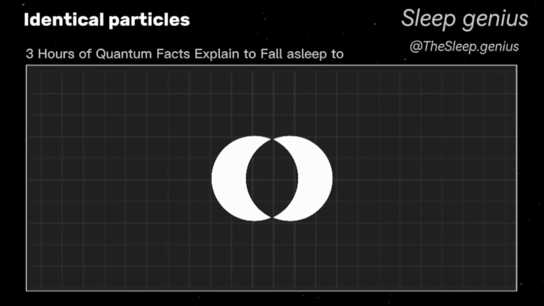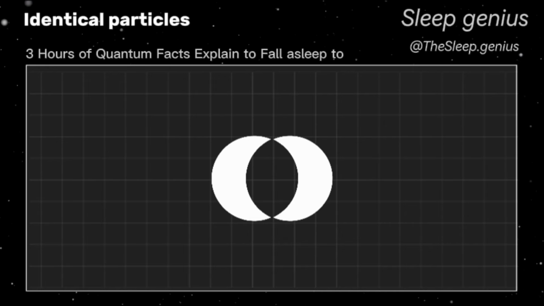Identical particles. In the depths of the quantum world, there exists a category of entities that defy the ordinary sense of individuality. These are identical particles. Unlike objects in the macroscopic world, where each item can be distinguished by subtle differences, identical particles are fundamentally indistinguishable.